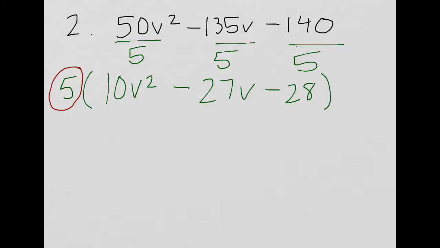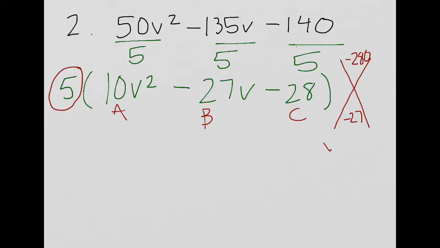Because I'm forgetful, I'm going to call attention to that 5 because I'm going to need it. So I make my X, because it's 3 terms, AC be negative 280. B is negative 27. My guess is most of you are going to want to use your calculator for this one.